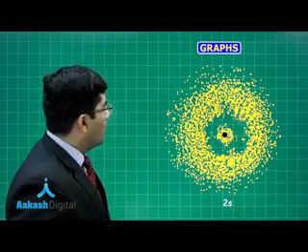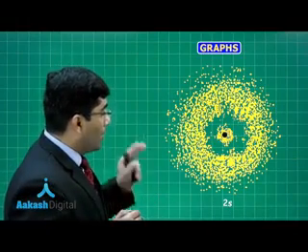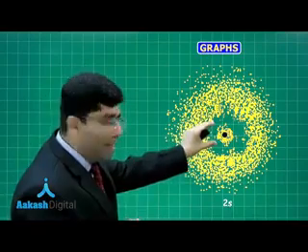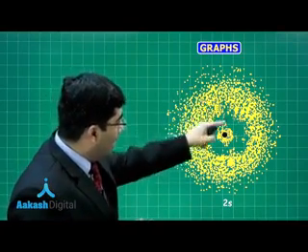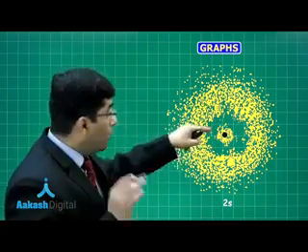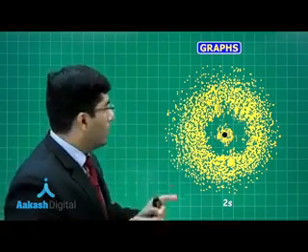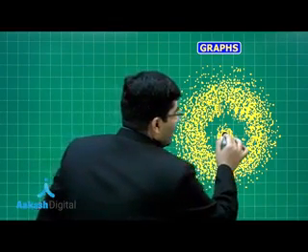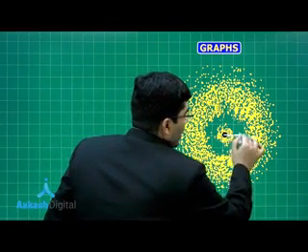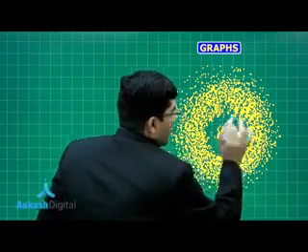Let's talk about 2s. Now between the K shell and the L shell, there is a gap. We know that energy is quantized, right? So from the nucleus, if we move across to this point, the probability of finding the electron is 0. Why?